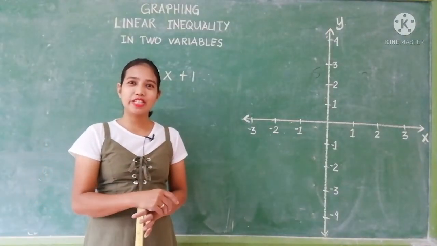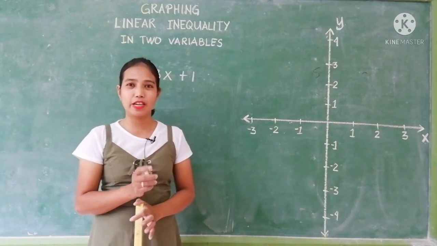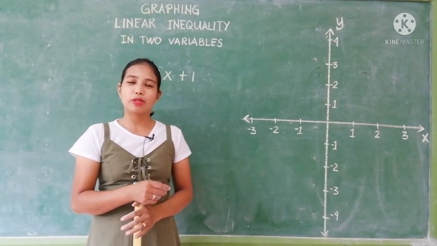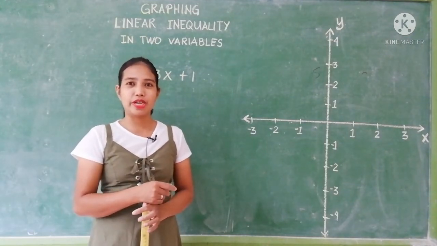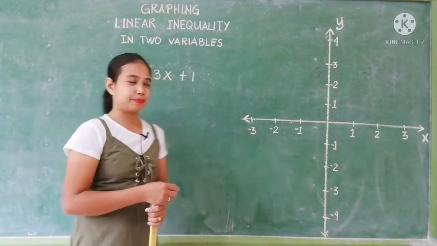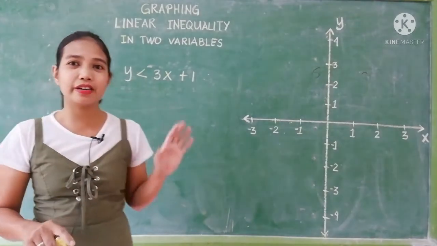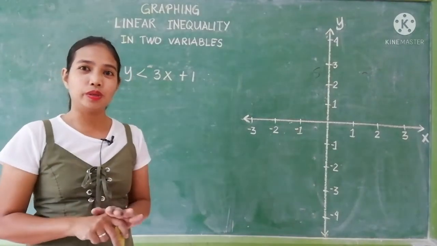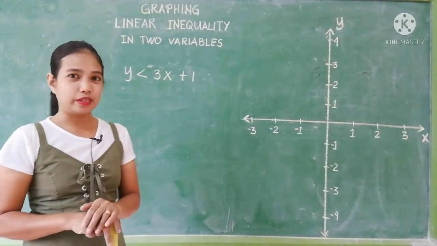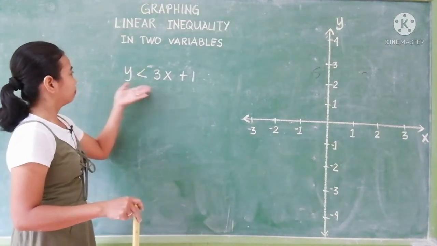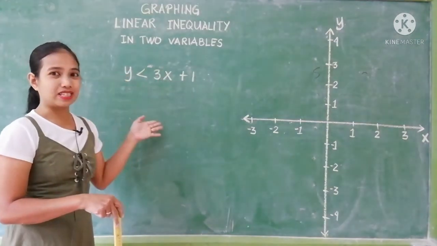Dahil naunawaan na ninyo kung anong ibig sabihin ng linear inequality in two variables, proceed tayo sa graphing of linear inequality. Okay, so first step is we will convert the linear inequality into a linear equation. Okay, so let's take y less than 3x plus 1 as an example.